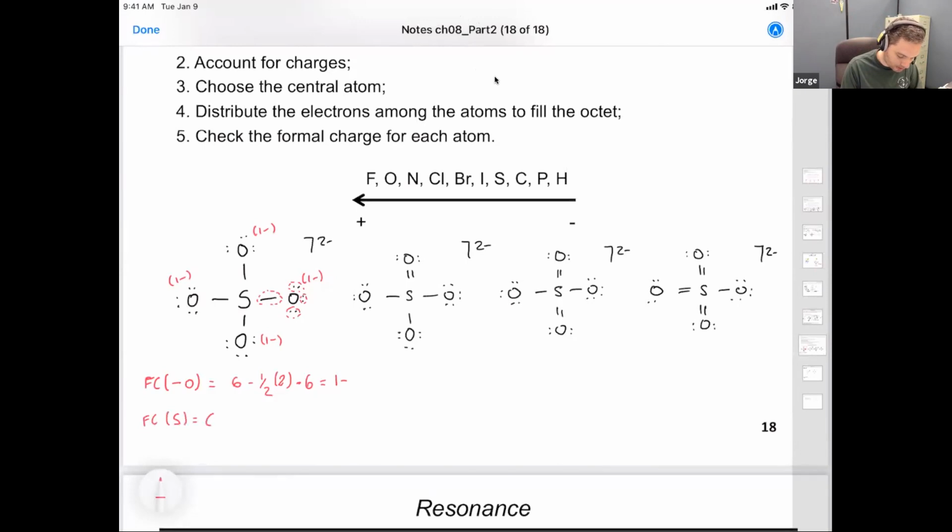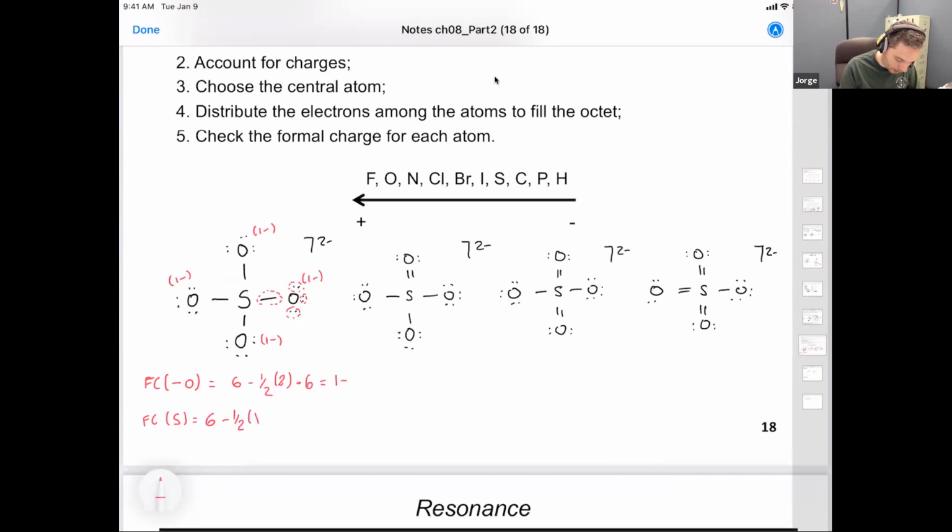Same thing. Number of valence electrons, which is 6. Sulfur is in the same group as the oxygen, minus half of the bonding electrons. Now pay attention that for sulfur, we have 4 single bonds. Each single bond uses 2 electrons.